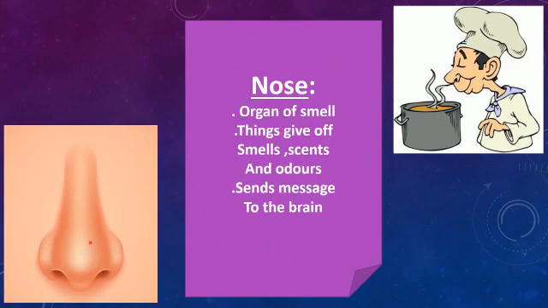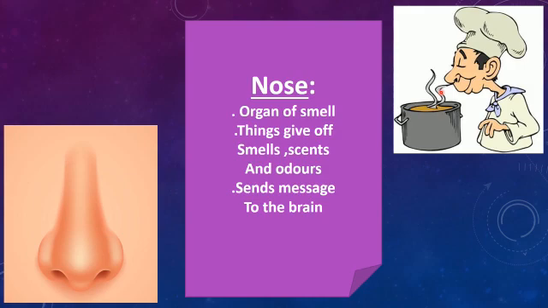Now, this is a nose. This is an organ of smell. You know that many things give off their own smell, scents and odors. Odors also means smell. These smells travel through the air. And the nerves in the nose receive these smells.